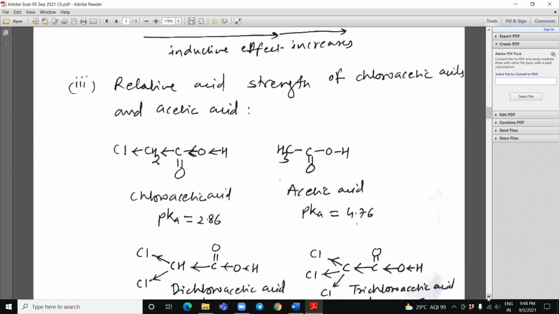Due to this, the proton is more easily separated from the molecule. So its acidic nature is increasing. Here it is acetic acid and here chloroacetic acid. Chloroacetic acid is more acidic than acetic acid.